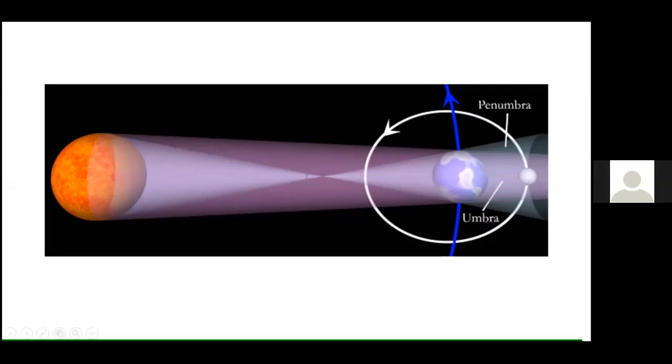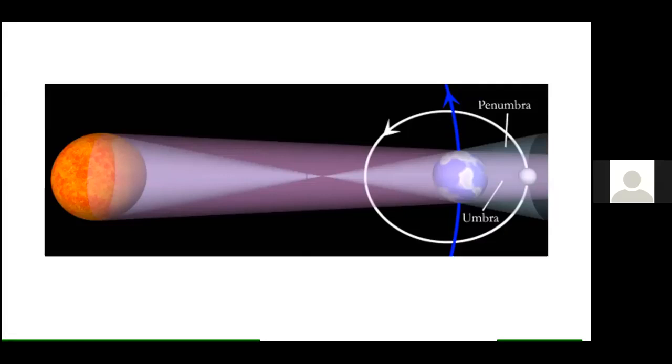So the moon, as it orbits around the Earth, comes over here and gets in between the sun and the Earth, and that blocks your view of the sun. Now, there's also a thing called a lunar eclipse, where the Earth is between us and the sun, right?